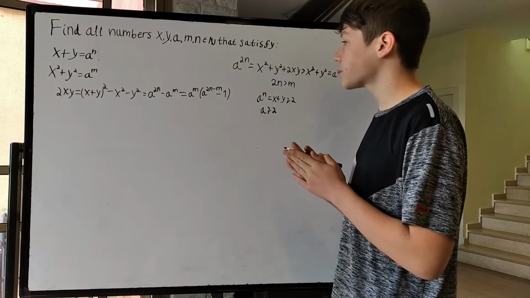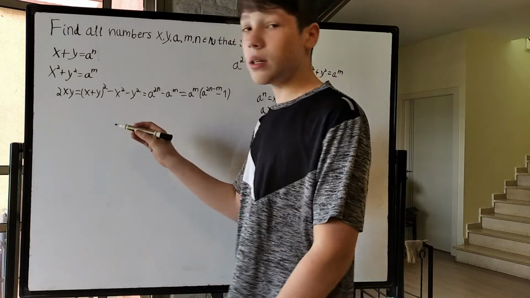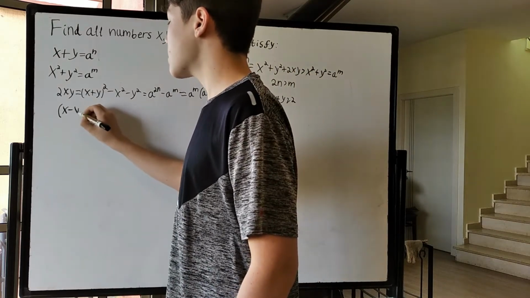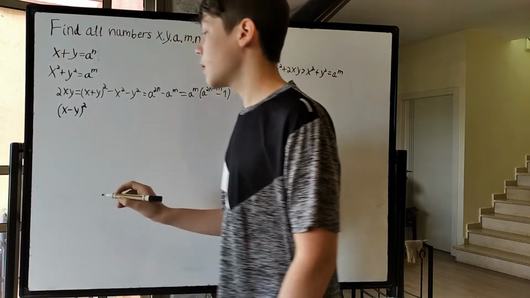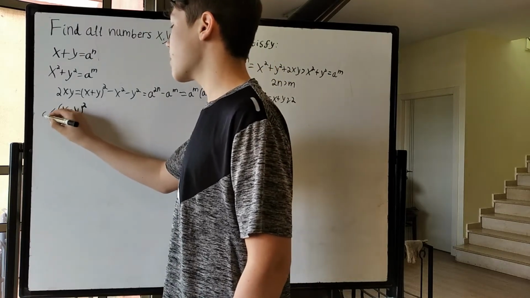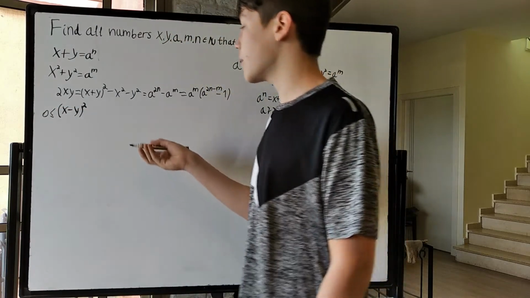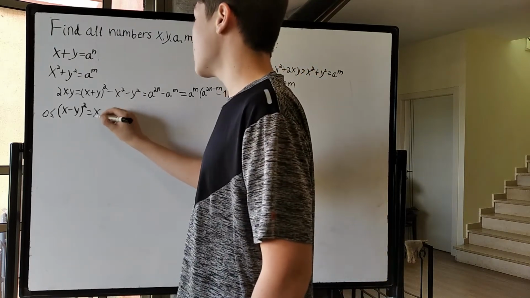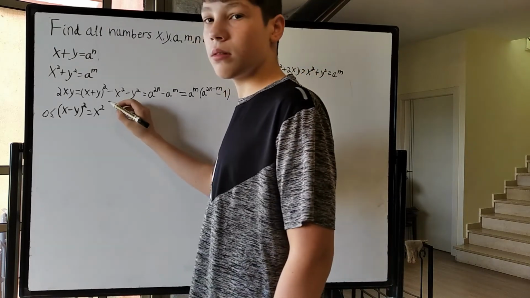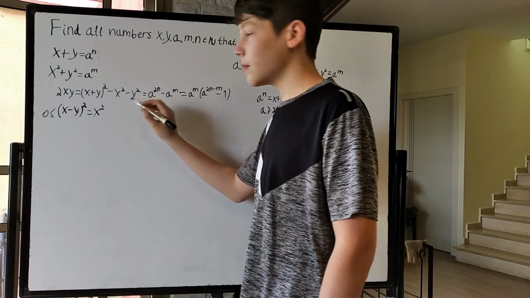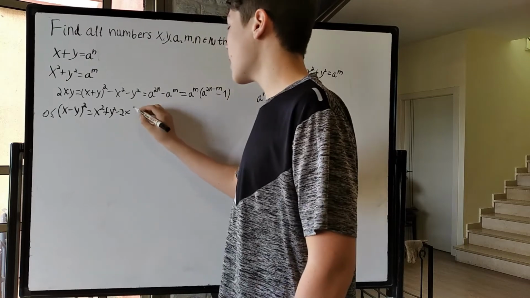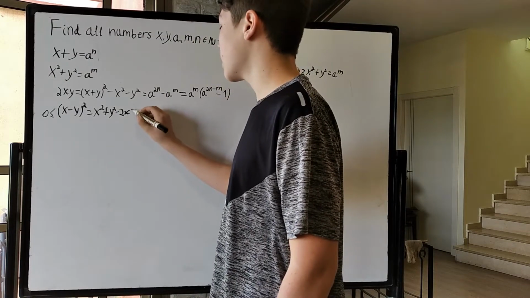But now, let's look at a very special number, x minus y squared. We know this has to be bigger than or equal to 0 because it's a square of a real number. And we know this is x squared plus y squared minus 2xy.